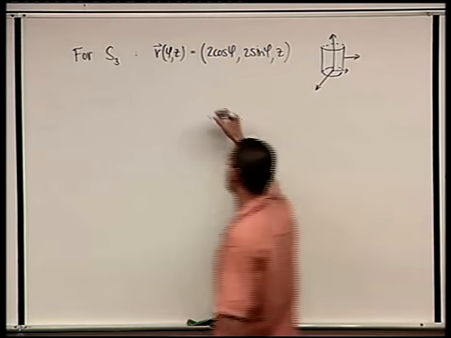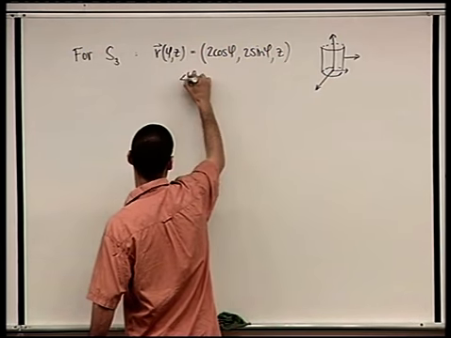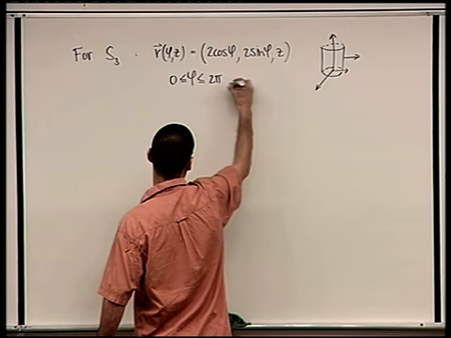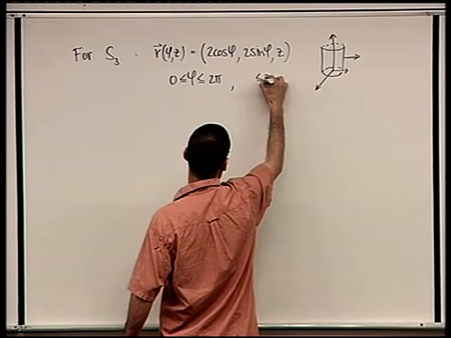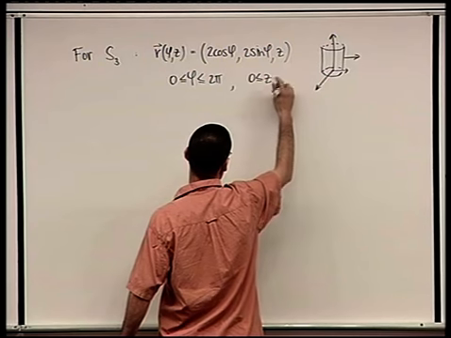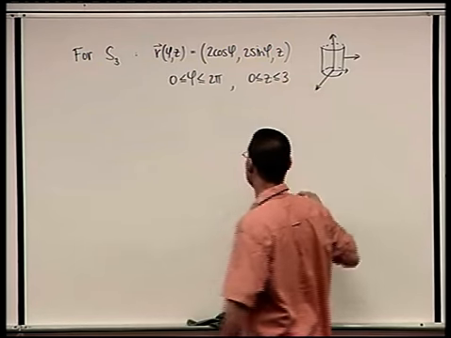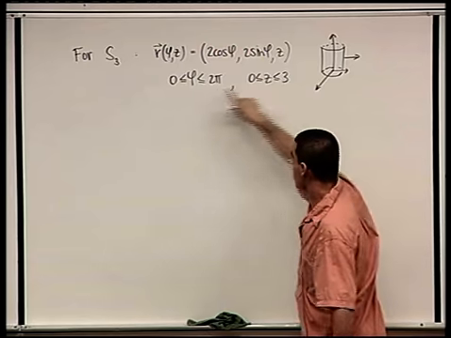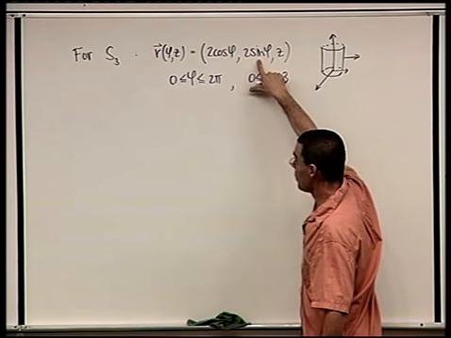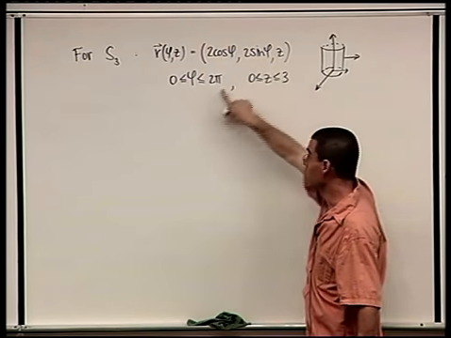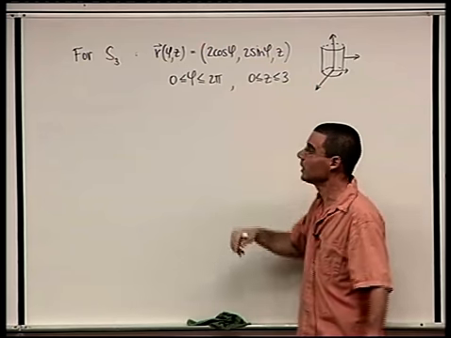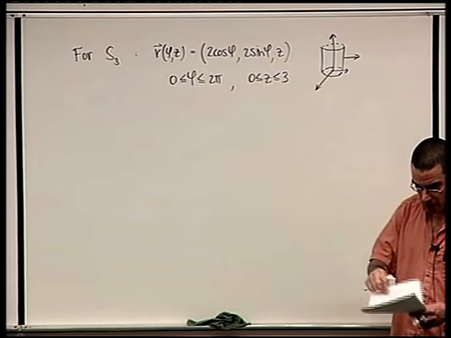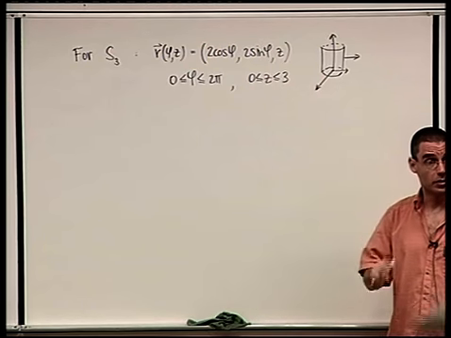Where phi ranges between 0 and 2 pi, and z ranges between 0 and 3. You should be able to see that points x, y, z of this form, where phi and z are restricted, are precisely the points on the cylinder between 0 and 3, and only those. I'm sorry for calling it phi and not theta. That's how it's written in my notes, and if I change it, I might get confused.